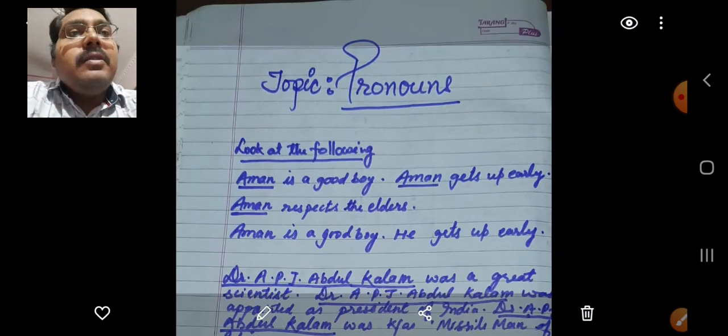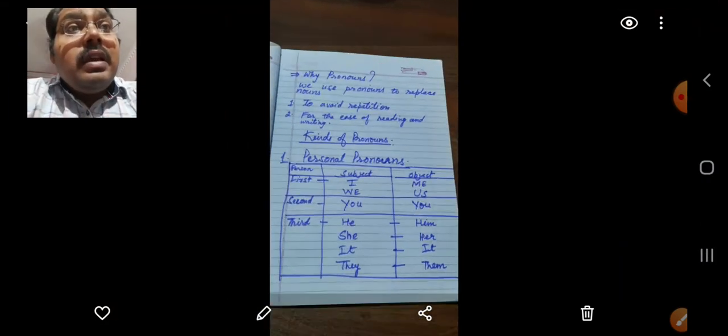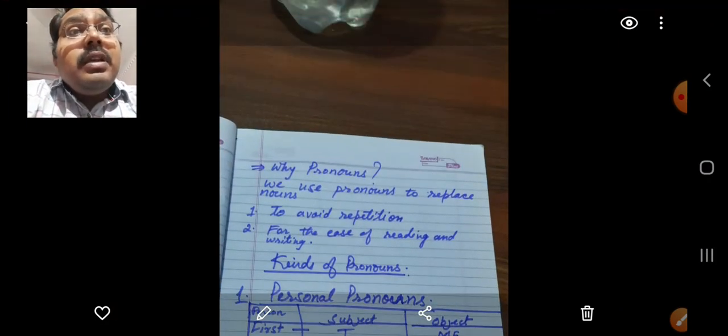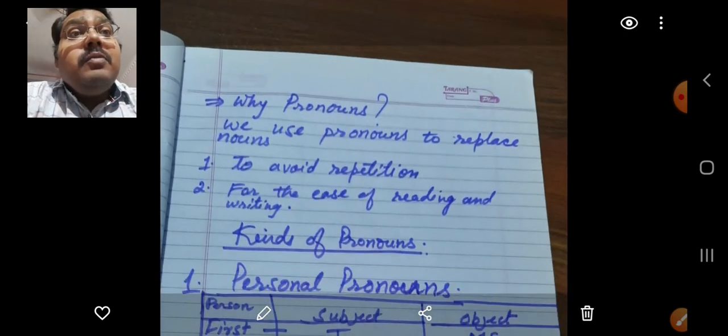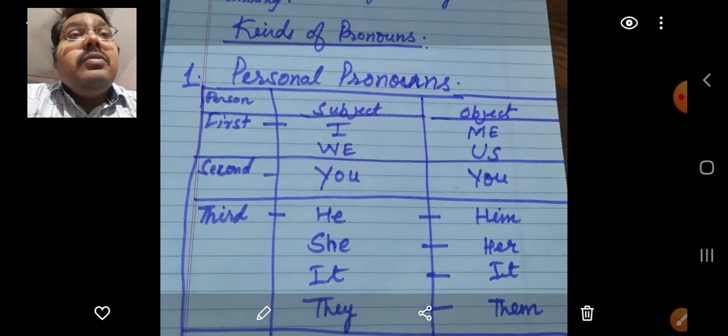They replace nouns, and then I told you why we use these pronouns: to avoid the repetition of nouns, and for the ease of reading and writing.